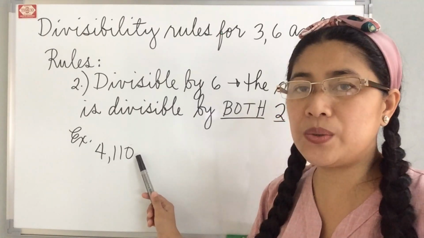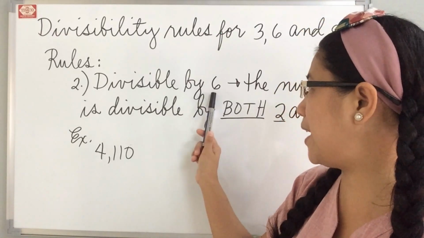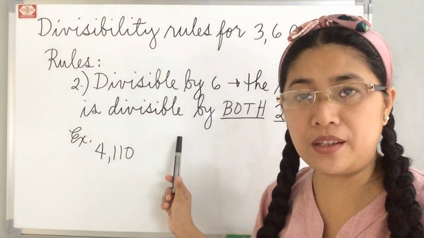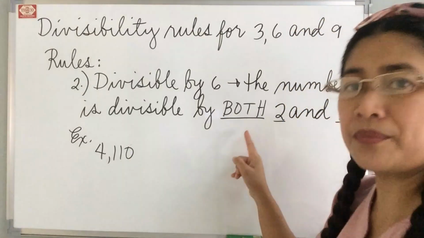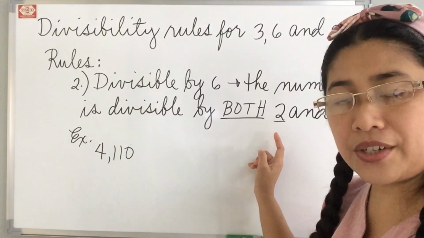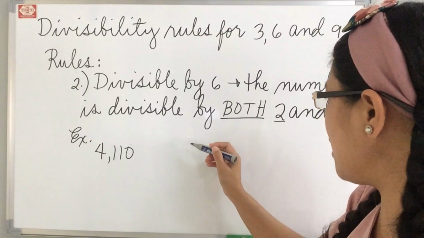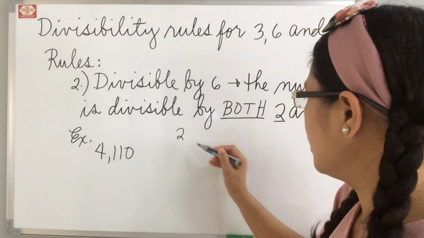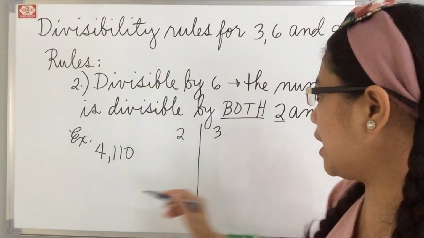So you're going to identify if this 4,110 is divisible by 6 by following the rule. So it says there should be both divisible by 2 and 3. So we need to have a checklist. So let's have 2 here, checklist or a table, and 3.